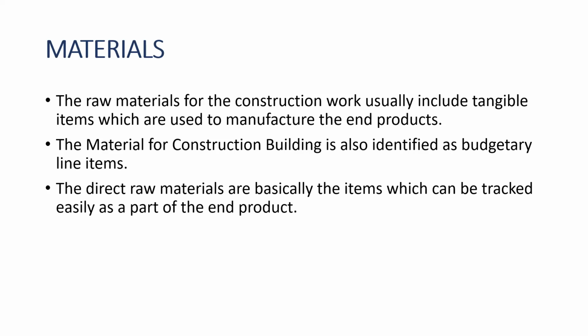So materials, mainly, we can identify as budgetary line items, items which can be given a monetary value in the budget. Whatever raw material we use in the construction work, which is tangible and used to manufacture our end products, is identified as material in the building construction industry.